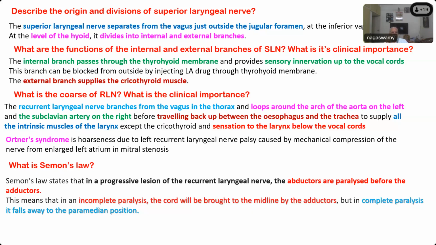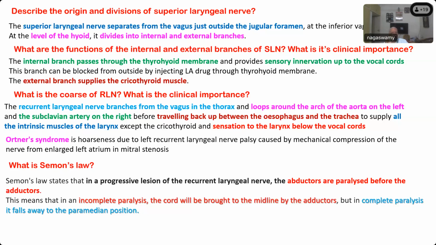So it cannot come and meet in the midline. There will be a small opening because the vocal cords will be in the paramedian position, not in the exact midline position.